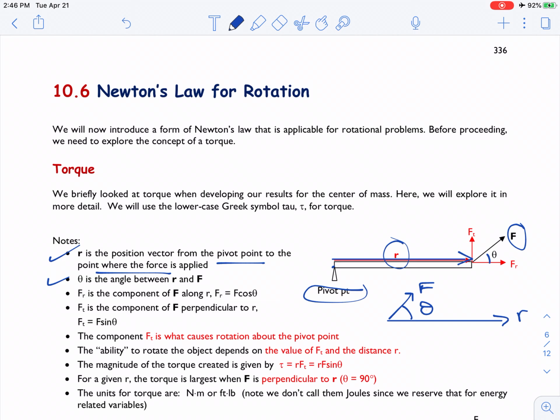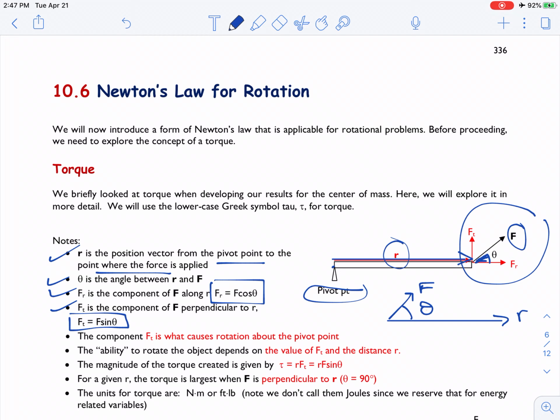Resolving the components, you get F cosine theta for FR, because that angle is adjacent to FR, so it takes the cosine function. On the other hand, FT, the tangential force, takes the theta in the form of sine theta. FT is equal to F sine theta.